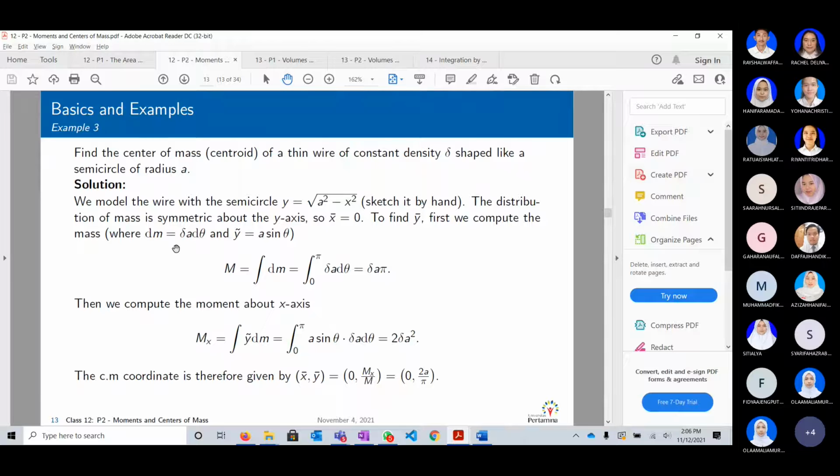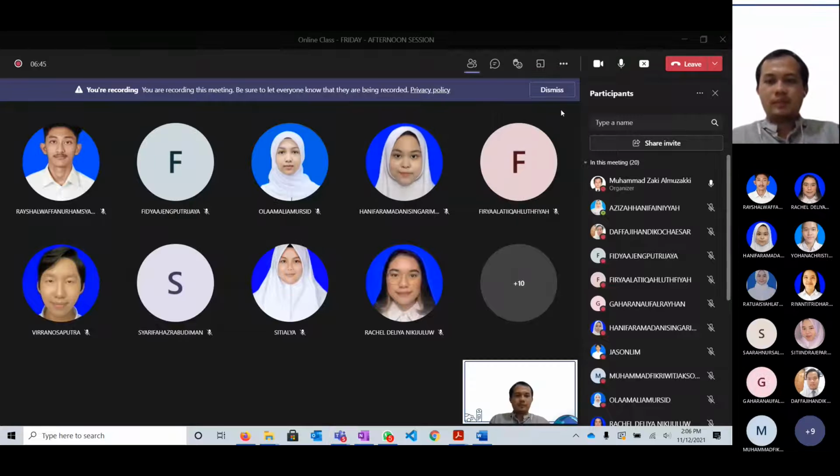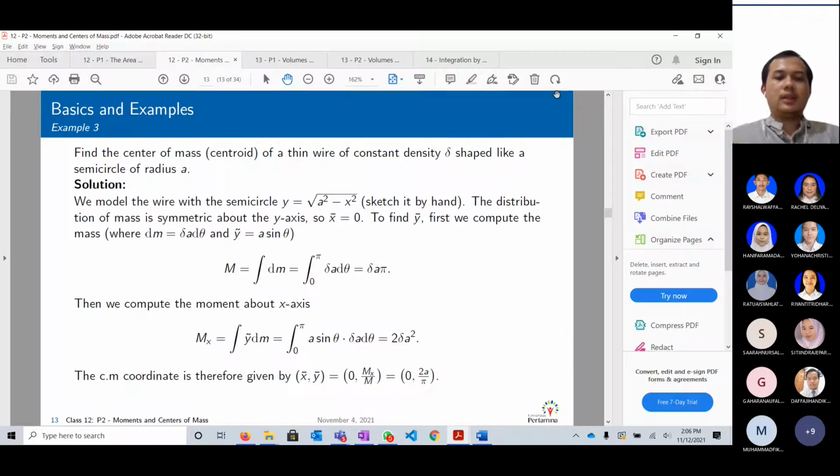For this example, this is a little bit tricky. In this case, we only have a thin wire that we shape like a semicircle. Sorry, my camera is not on.